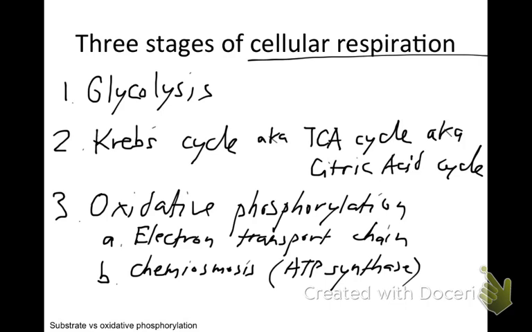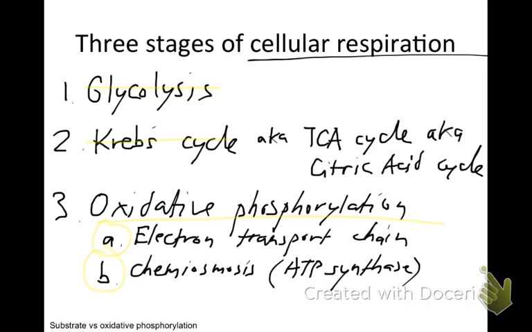So really there are three stages of cellular respiration: glycolysis, the Krebs cycle, and oxidative phosphorylation, and in oxidative phosphorylation you have these two processes also. One thing I do want to mention is that you can get into extreme detail on all of these. In fact, if you are interested, I'd highly recommend you come into office hours, but we'll go over this in slight detail right now.